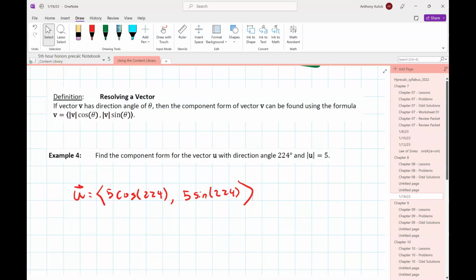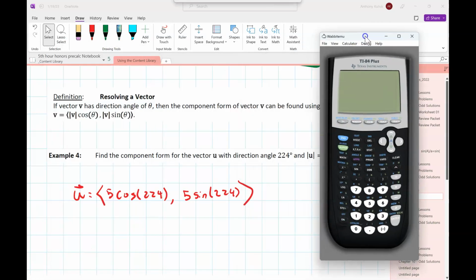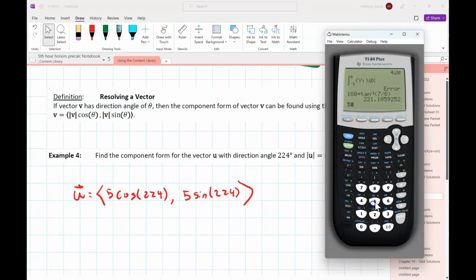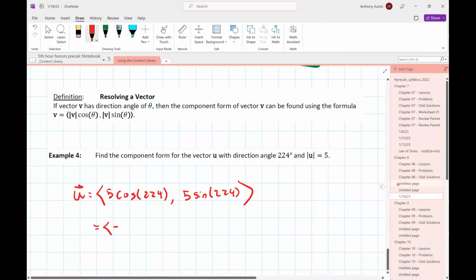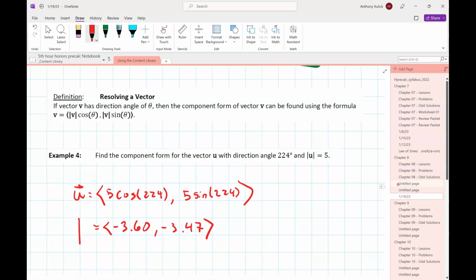And then it's calculator time. So we have negative 360, comma, negative 347. And that's it.